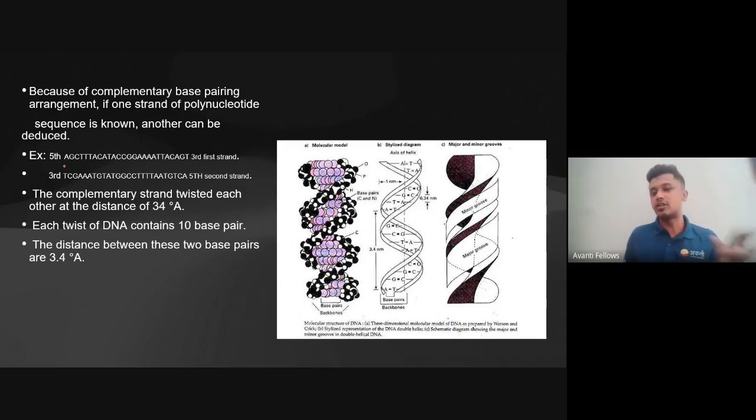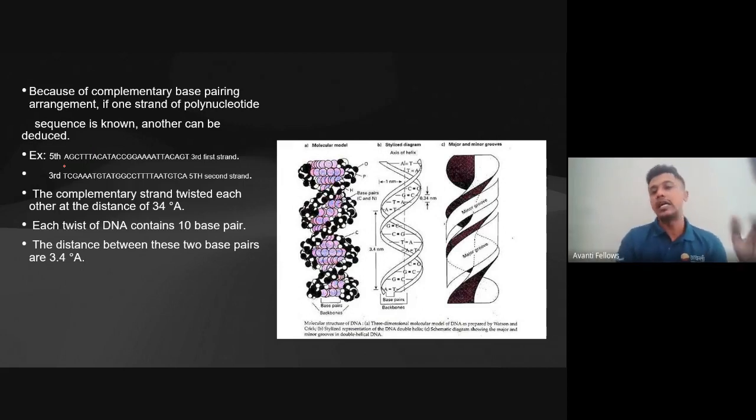Students, if you see high-level molecular biology books, they say there are around 10 to 11 or 10 to 12 base pairs. But on average, there are only 10 base pairs present per turn of the DNA.